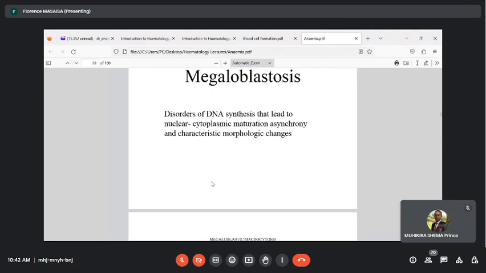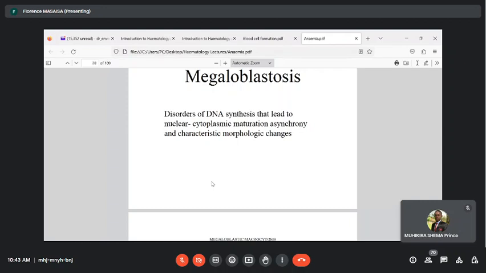So let's now discuss megaloblastic anemia, which is megaloblastosis. Megaloblastic anemia is usually, as I said, due to deficiency either in folic acid or vitamin B12.